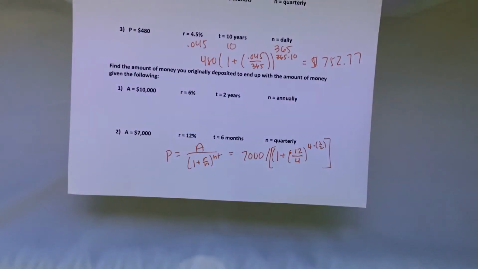So let's see what this is. 7,000 divided by 1 plus 0.12 over 4 to the 4 times 1/2 power.